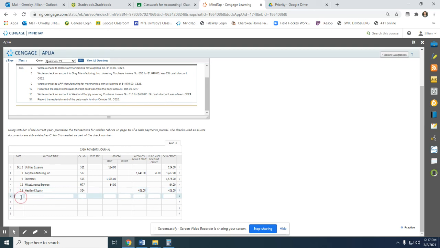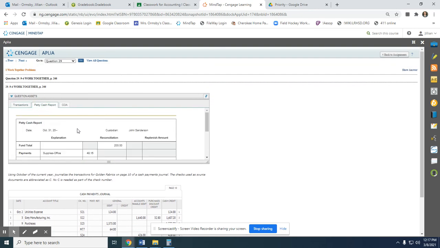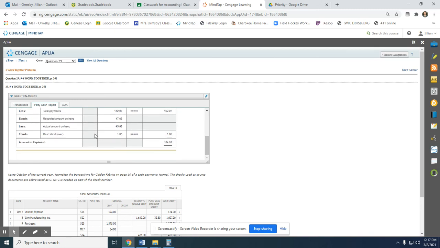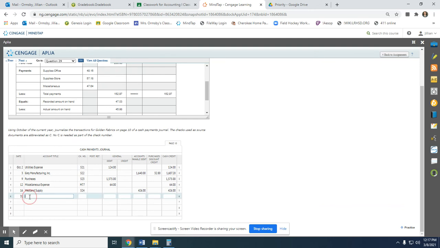Okay. And then lastly, on the 31st, we're replenishing our petty cash fund. If you look at the petty cash report here, it lists all of our different payments. So we have supplies office, debited for 48.15.